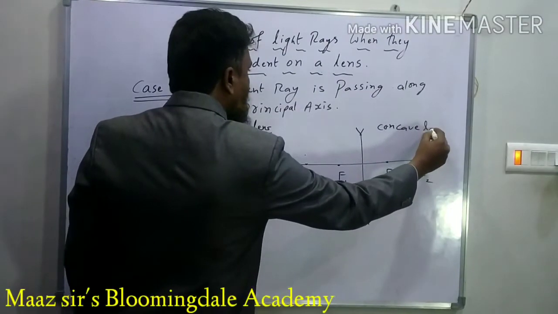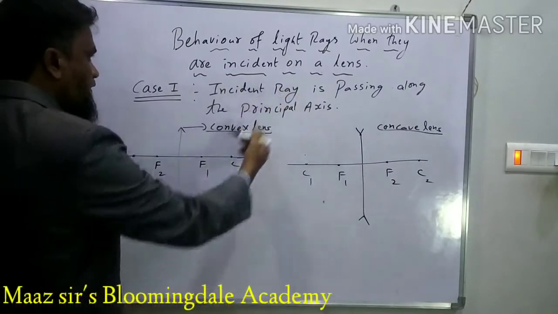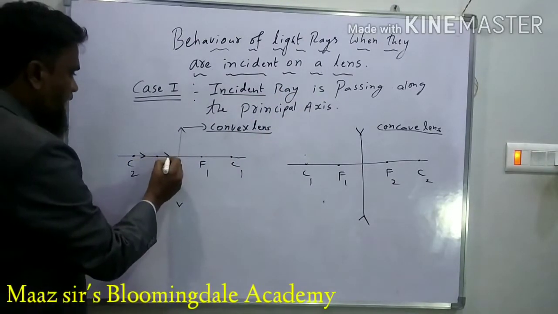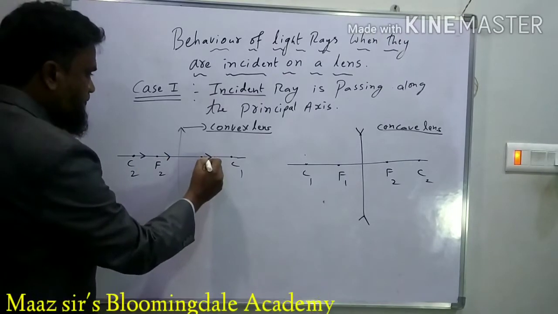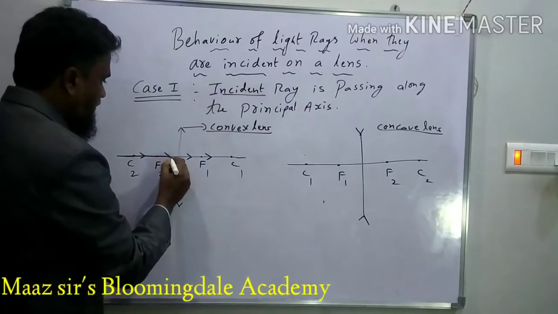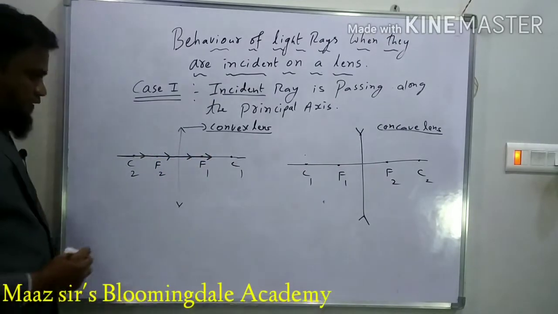Now, concave lens. So what is the situation? The incident ray is passing through the principal axis. Let us take a ray which is passing along the principal axis.